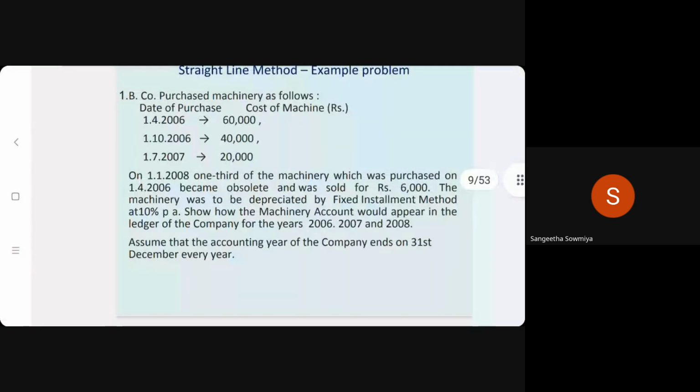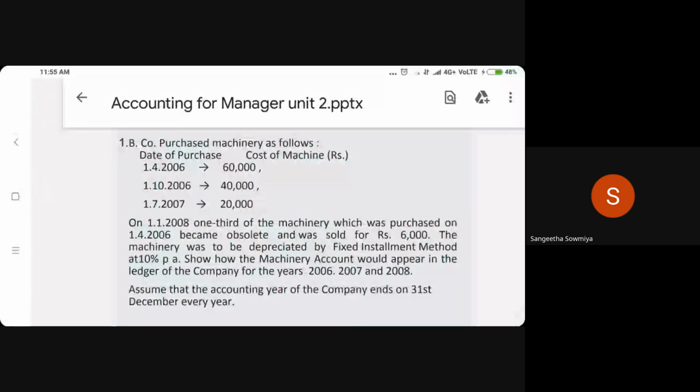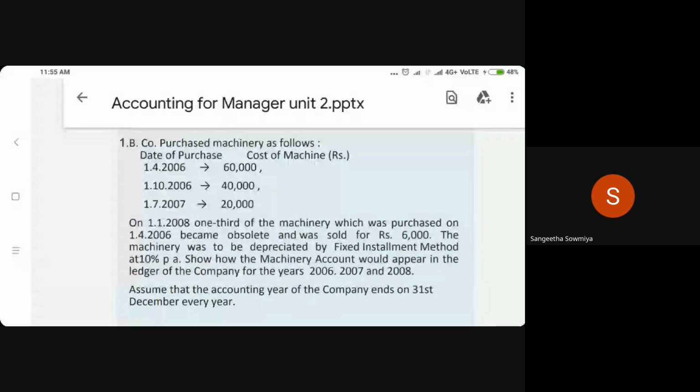How to write it? On 1/4/2006 you are purchasing 60,000 worth of machinery, the first machinery. When you are preparing this machinery account, you have to be very careful. The accounting period starts from January to December or April to March. You have to be very careful, because you have to calculate depreciation only for the number of months utilized in the business.